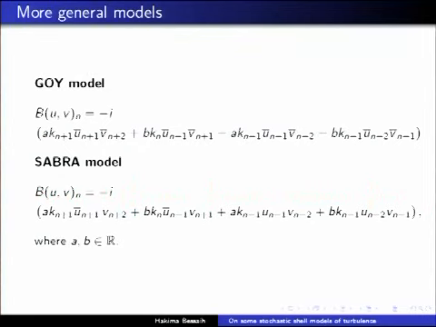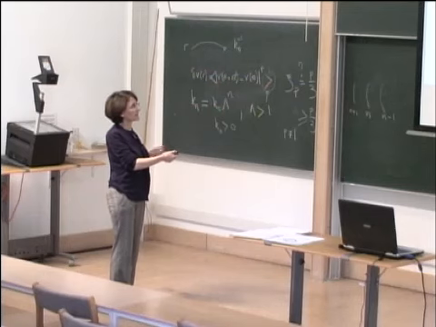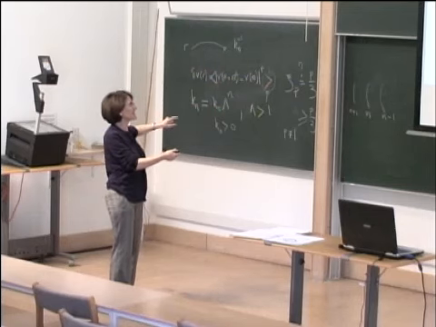Let me show you, since I'm here, these other models. This is the GOY model in the general case. What I showed you before is taking a and b equal to certain quantities. So for the nonlinear term, you can have many nonlinear terms. This is very rigid, in the sense that I will show you later what it means.